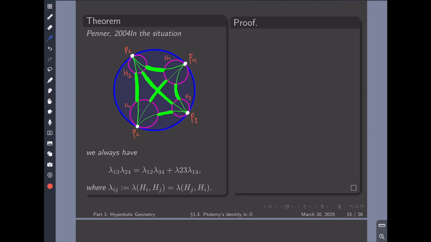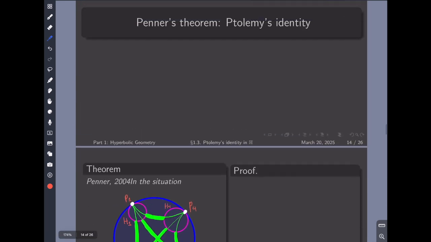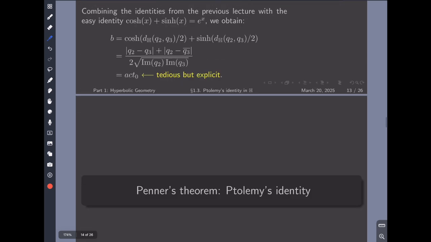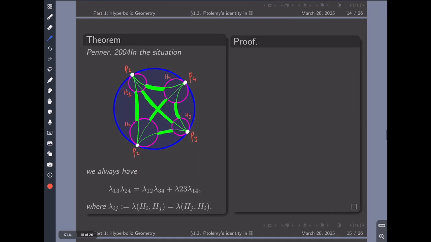Yeah, and the proof, using the preparation lemma, becomes actually quite simple.